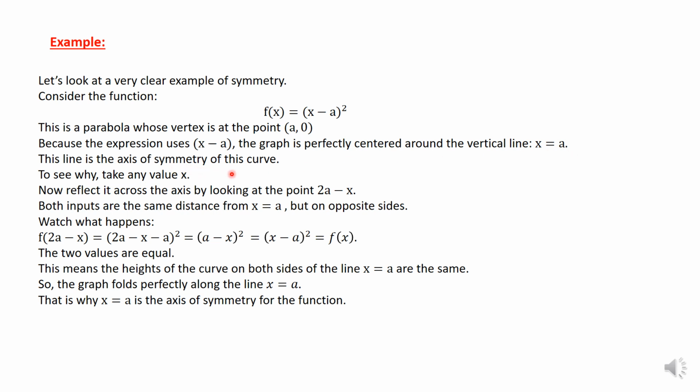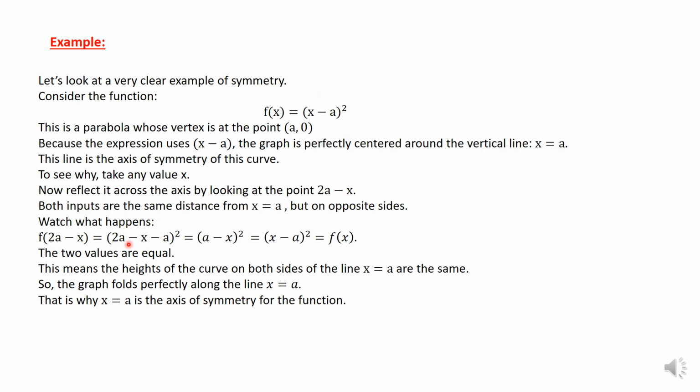Now how do we verify this? Reflect it across the axis by looking at the point 2a - x. You should have f(2a - x) = f(x). f(2a - x) is, instead of x, you replace 2a - x.